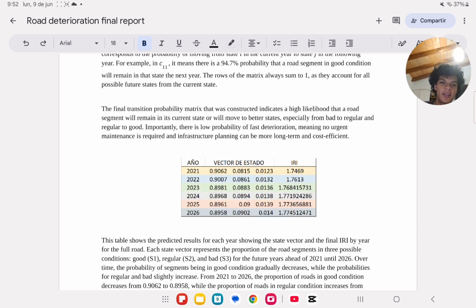With this table, we can see that the matrix tells us that the segments have a really great probability of staying the same, knowing that no urgent maintenance is required, but maybe it could be needed in the future.